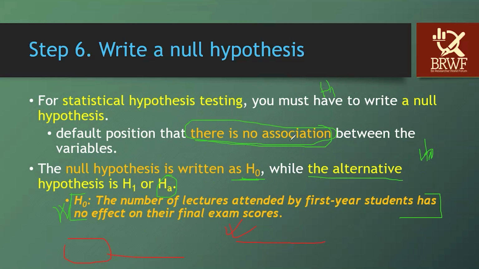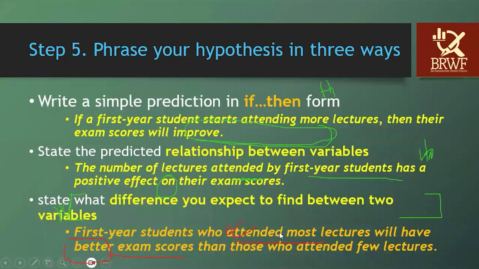The null hypothesis will try to prove that there is no association between the variables, and the original hypothesis, or the alternate hypothesis, will try to find a relationship between the independent and dependent variables.